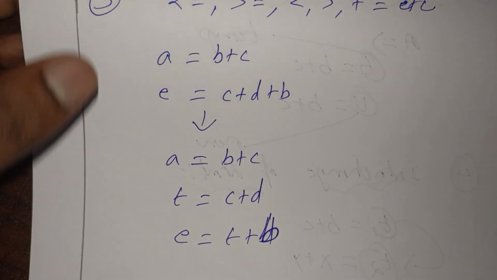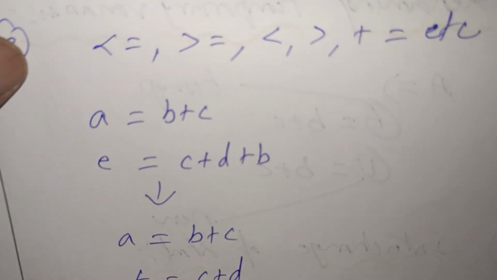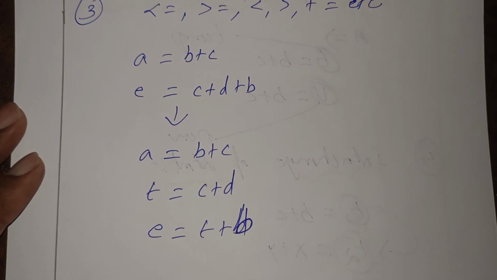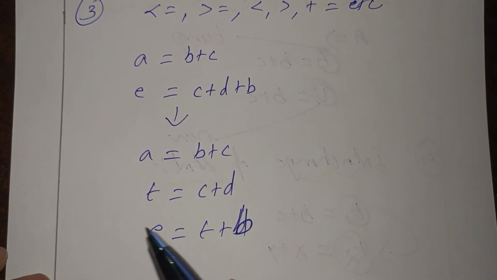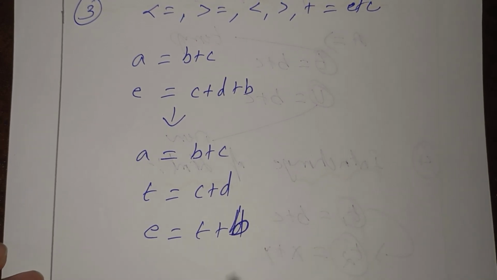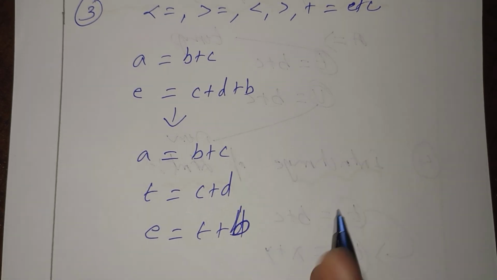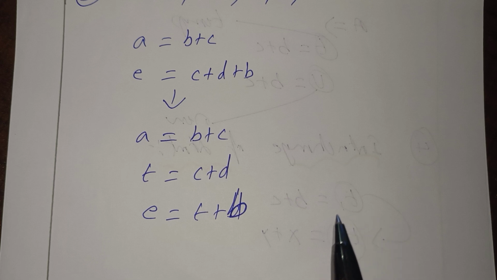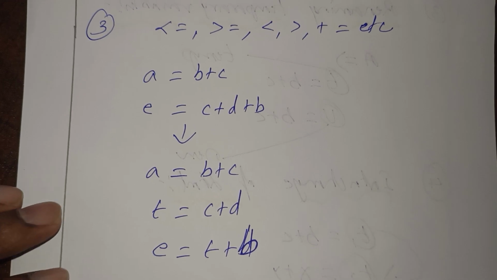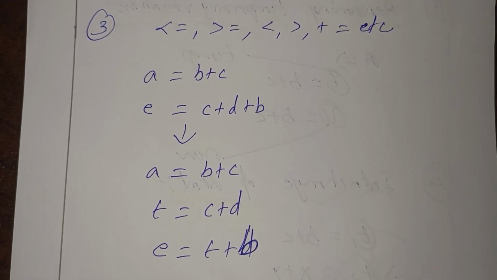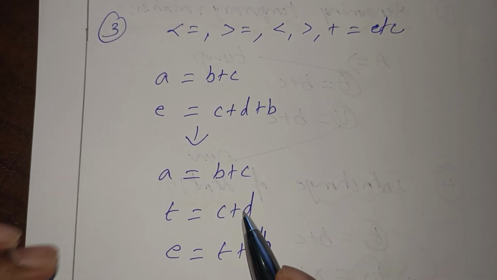We call this the use of associative expressions to expose common subexpressions without changing the basic block, if the source code has this kind of assignment statements. So this is how the process of algebraic transformation is done in optimization of basic blocks. Thank you.